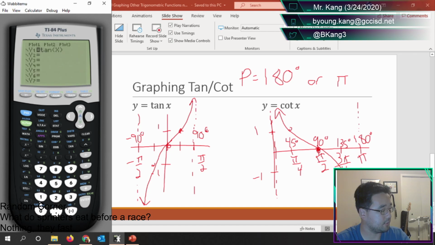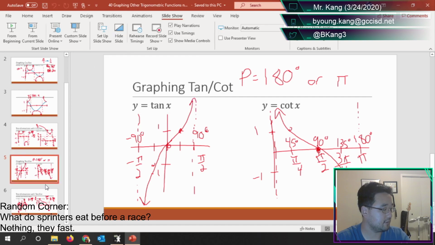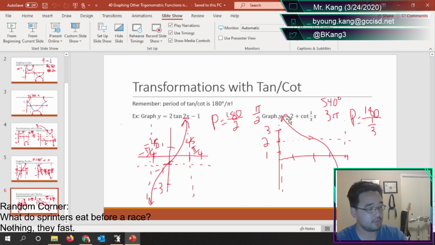And then if you want to do cotangent, just do 1 divided by tangent. And then this one we go 0 out to pi. And then again, just introduce your numbers, do everything just the same as before.